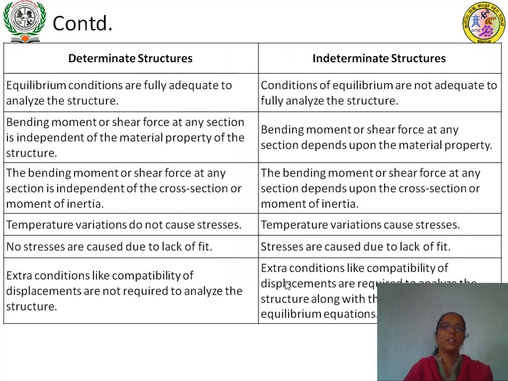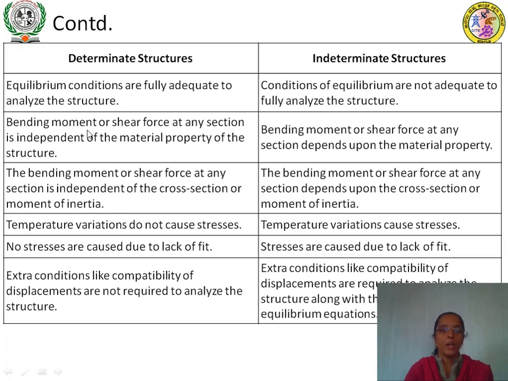Next, let us take a look at the differences between determinate and indeterminate structures. For a determinate structure, equilibrium conditions are adequate to analyze the structure, whereas equilibrium conditions are not adequate to fully analyze the given structure in indeterminate structures.